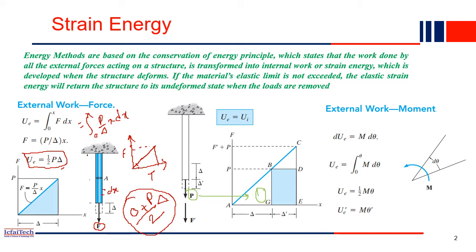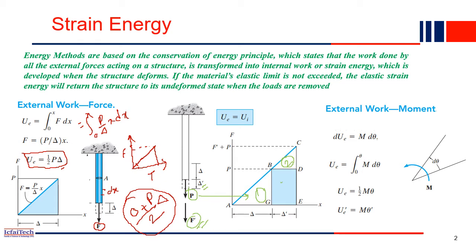And because of F dash, the extra displacement delta dash happened. So this much area I'll label number 2. This triangle area is responsible for F dash.